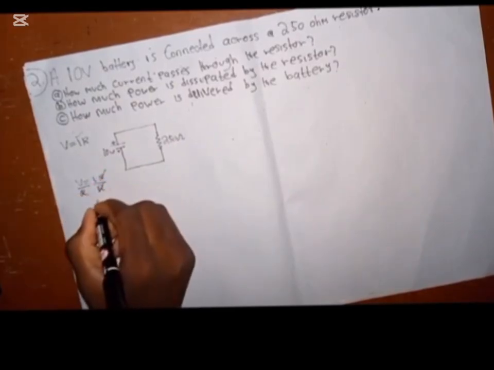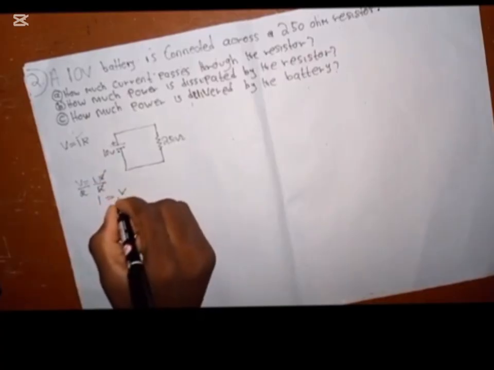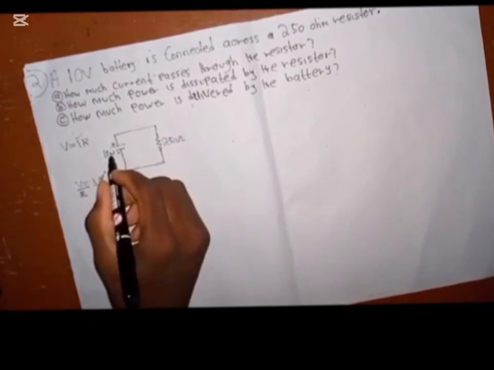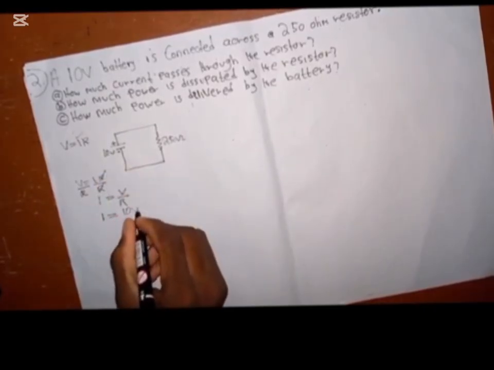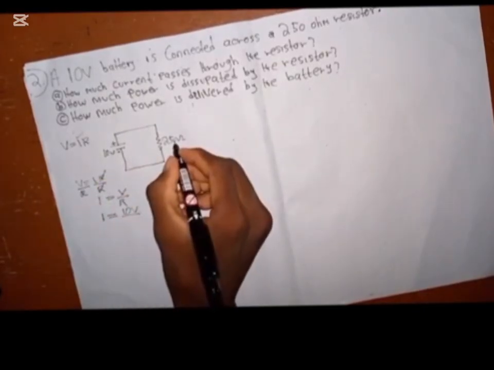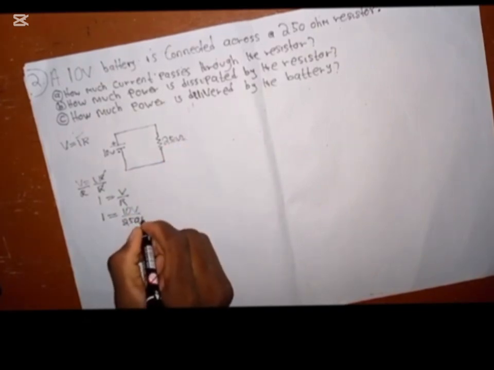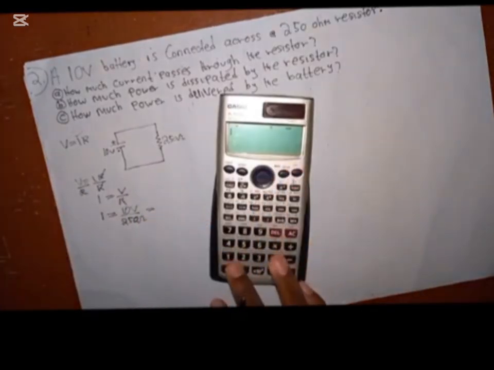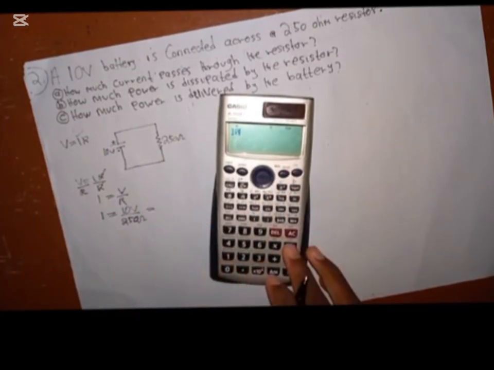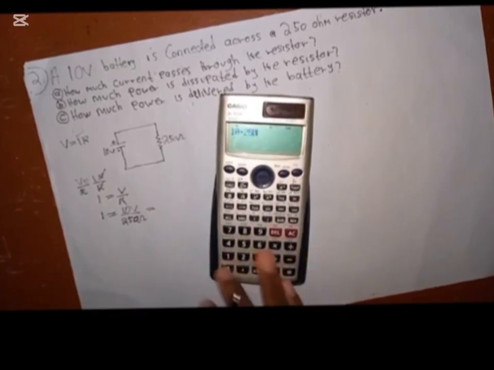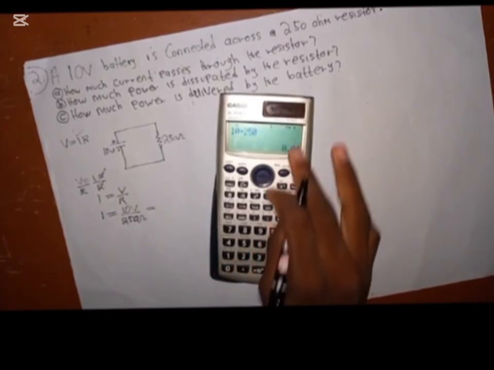Therefore, the current is equal to voltage divided by resistance, which is 10 volts divided by 250 ohms, which is equal to 0.04.